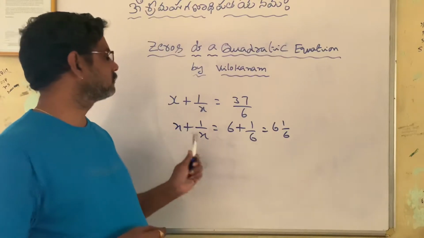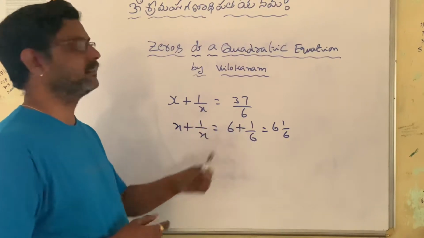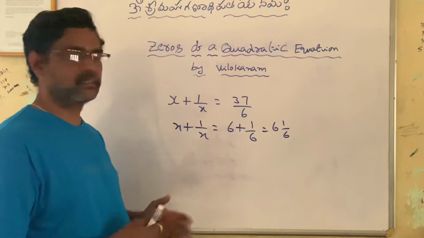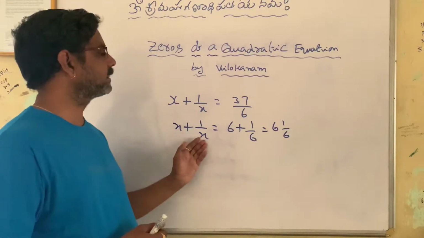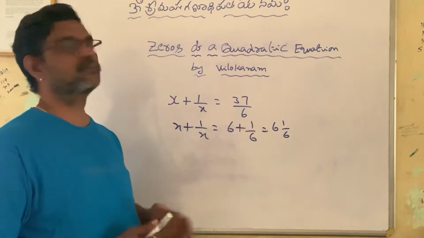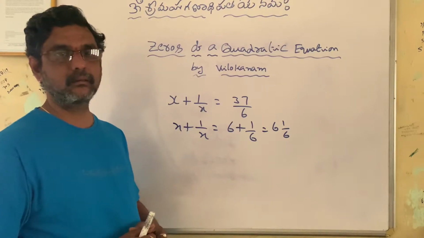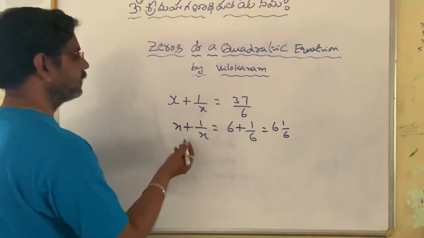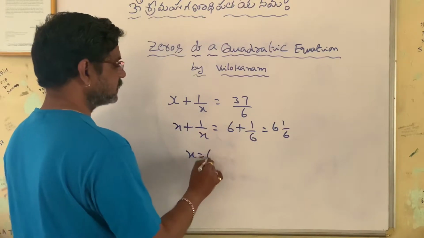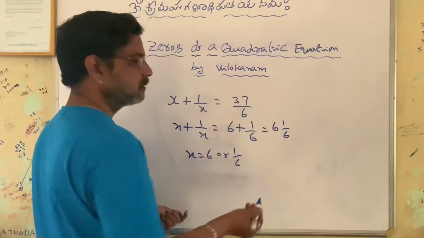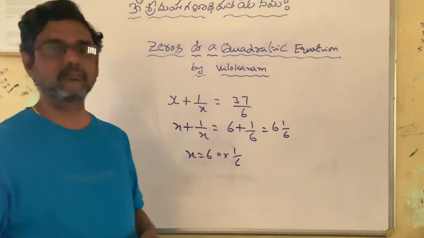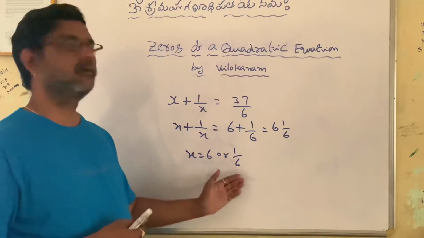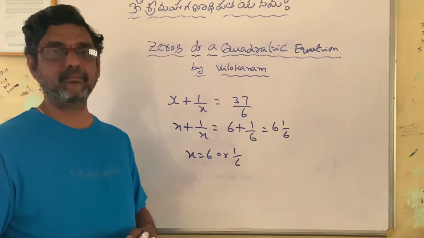You can split the RHS part like this. So here x plus 1 by x is equal to 6 1 by 6. So what we can say then is that the x value is 6 or 1 by 6 immediately. Simple.